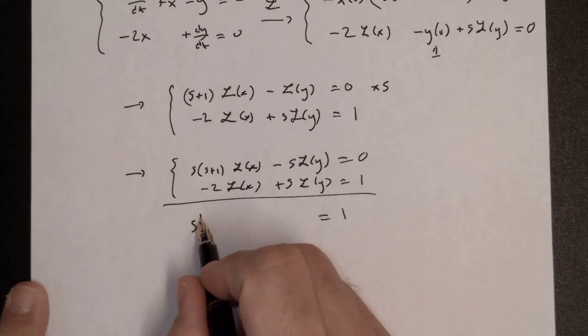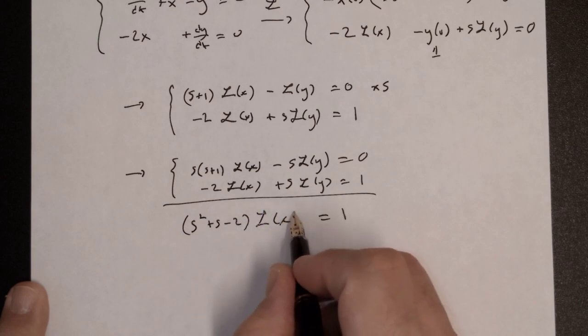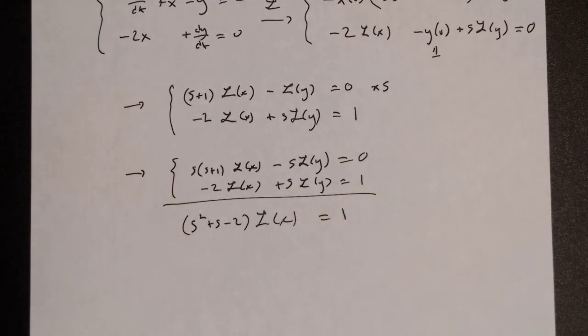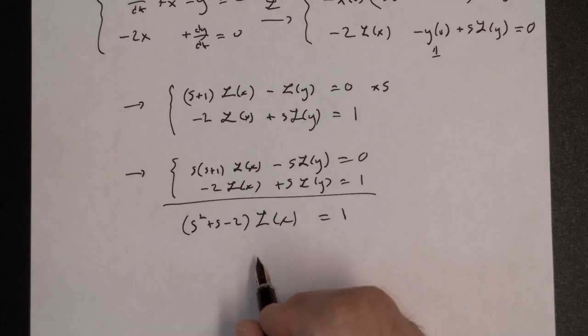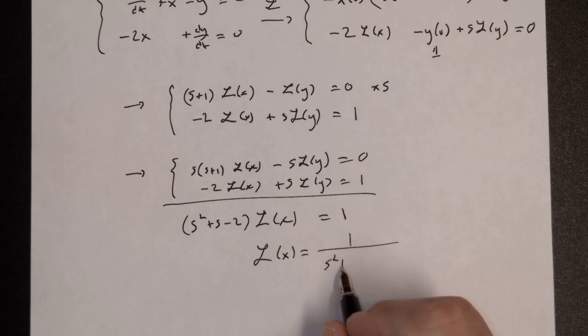And I get s squared plus s minus 2 Laplace transform of x. Which means Laplace transform x is 1 over s squared plus s minus 2.